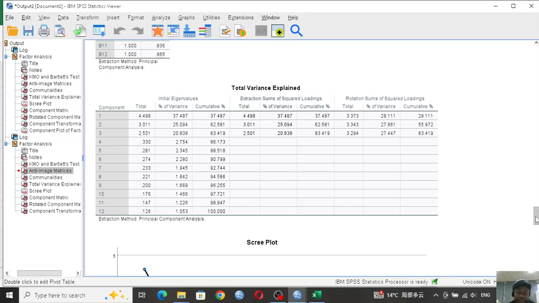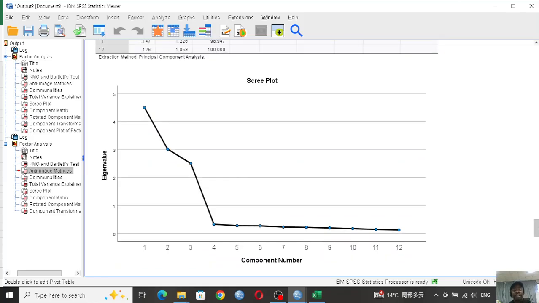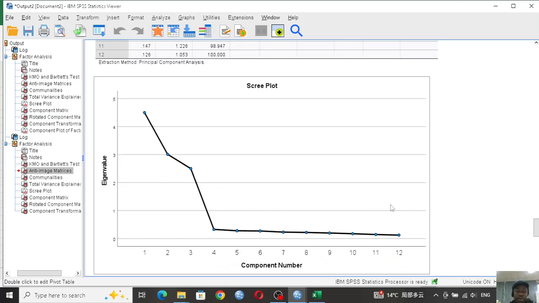And then the scree plot here is confirming the number of factors to be considered. You take the items before the flatness. So these are the factors: 1, 2, 3. These 3 factors or components occurred before the flatness.